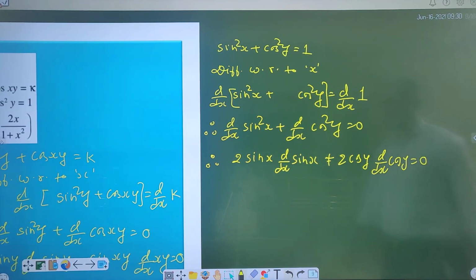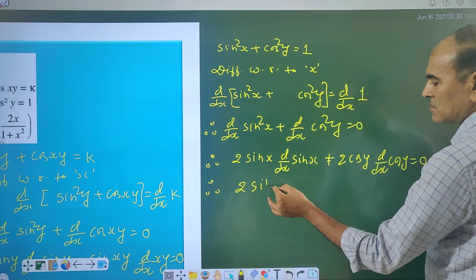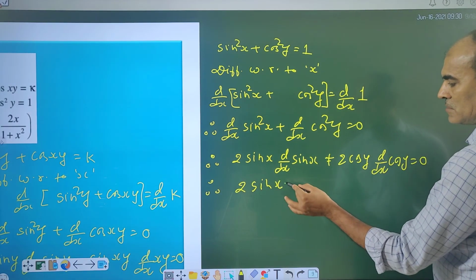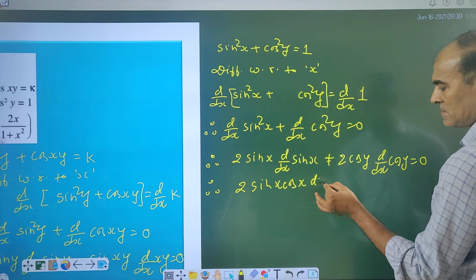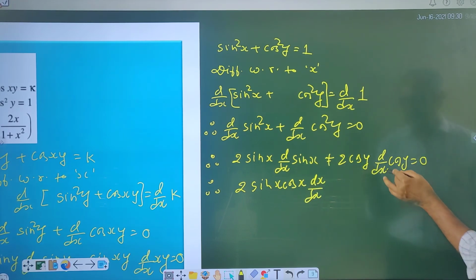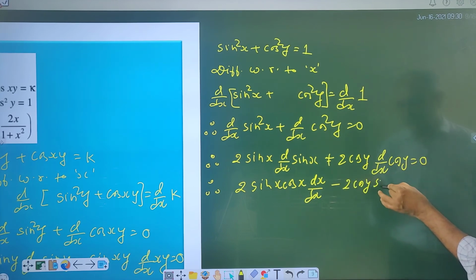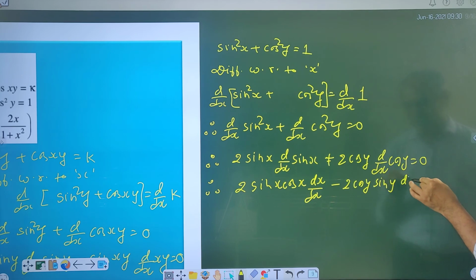Therefore 2 sin x cos x, minus 2 cos y sin y into dy by dx is equal to 0.